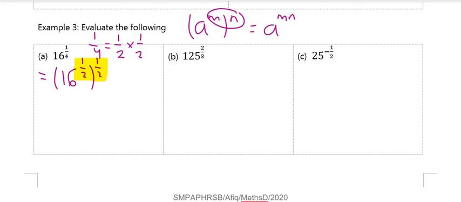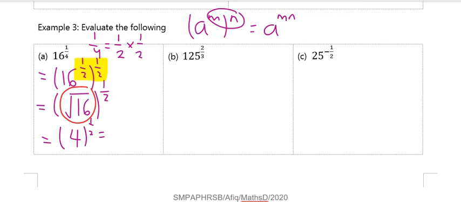You know just previously that 16 to the power half is actually the square root of 16, and then don't forget the half outside. So when you do this square root inside, it becomes 4.